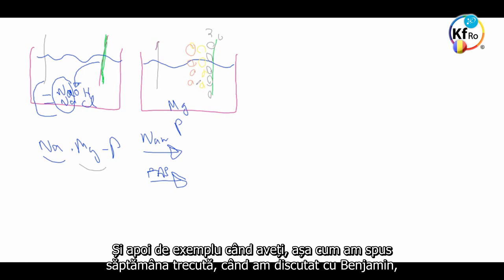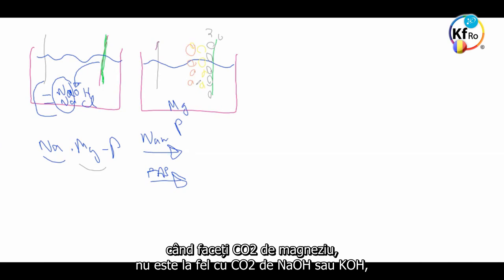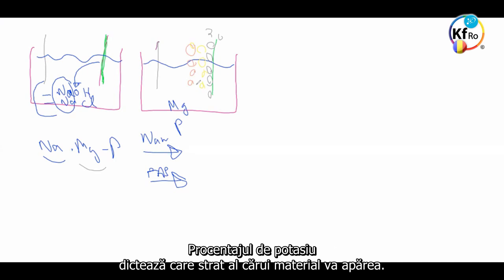And then, for example, as I said last week, this came up with Benjamin. When you make the CO2 of the magnesium, it's not the same as CO2 of NaOH or potassium. The percentage of the potassium dictates which layer of which material will come out.